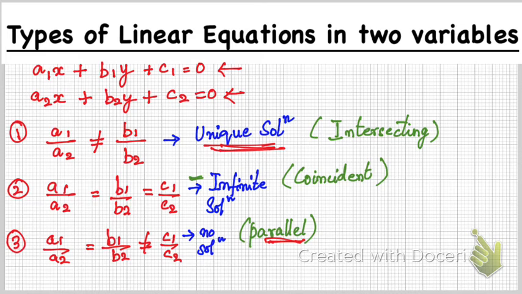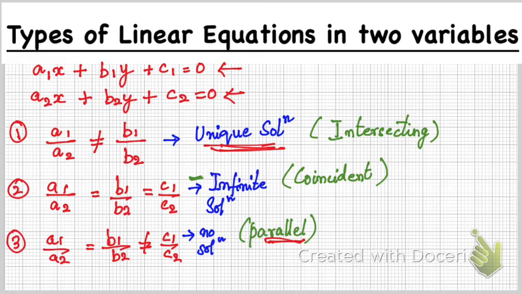Now, this is one classification of linear equations, and now we will again classify this pair of linear equations as consistent and inconsistent. What does a consistent linear equation mean? It means you are going to get a solution. And what does an inconsistent linear equation mean?